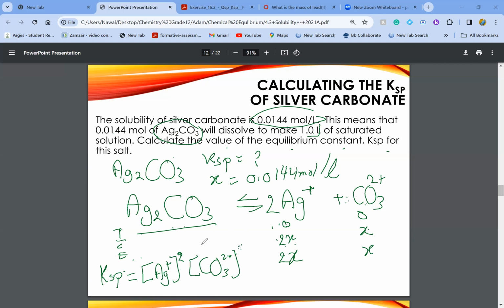Okay, and then KSP equals 2x squared times x. So 2x squared is 4x squared times x. That's 4x cubed.